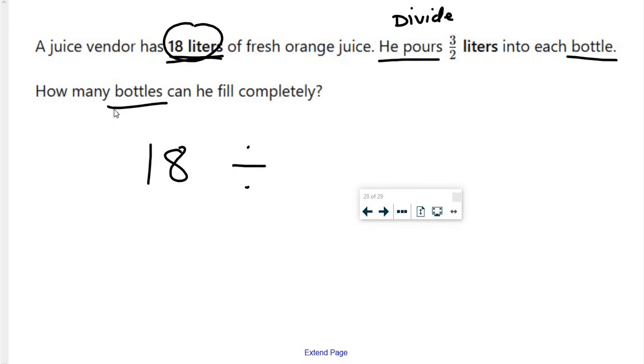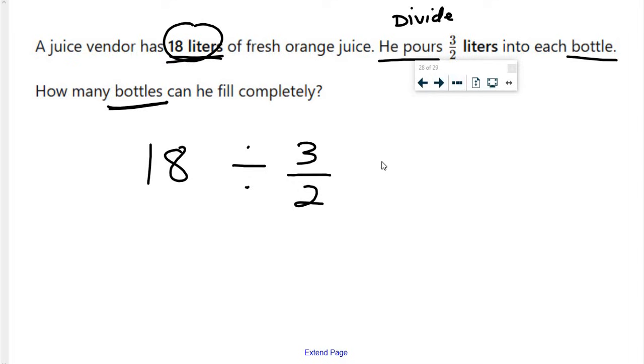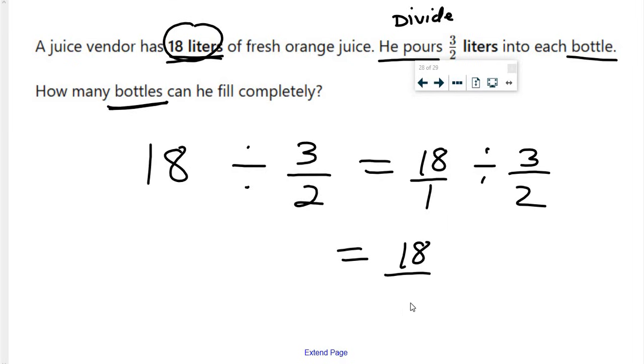So to know how many bottles will be filled completely, you need to take 18 divided by 3 upon 2. This will be 18 upon 1 into the reciprocal of this, 2 upon 3.